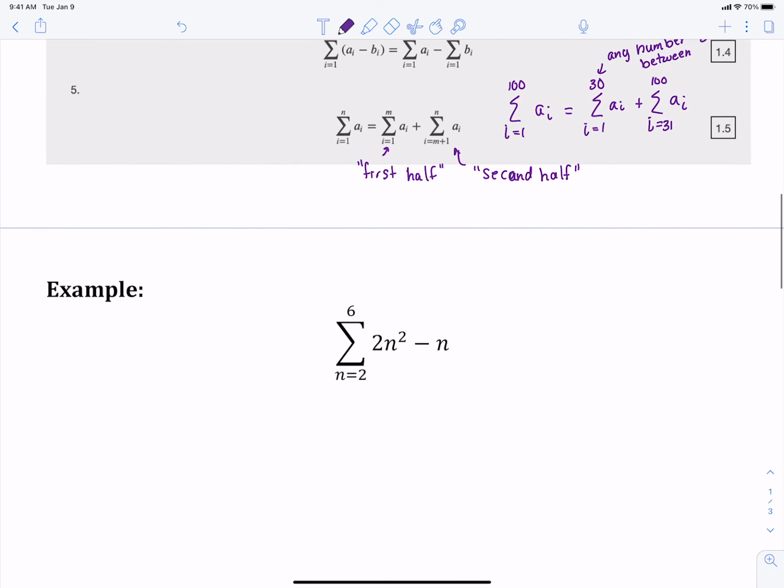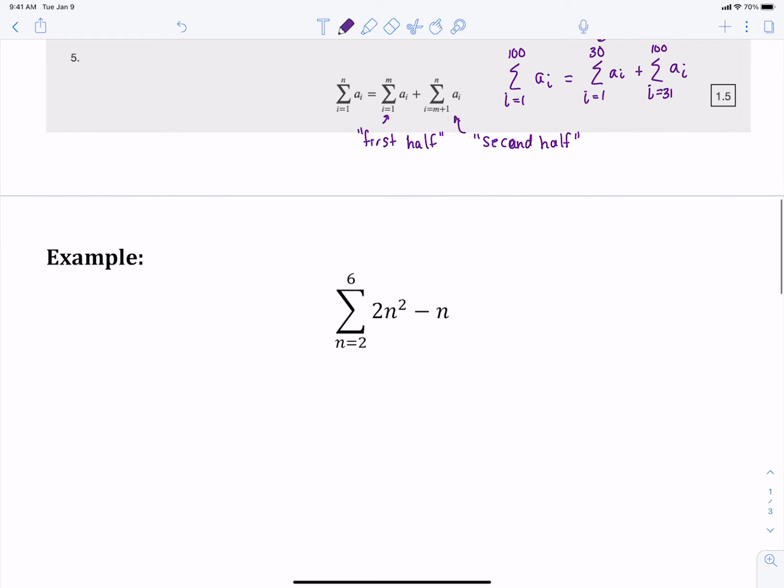So again, I hope that you're noticing that this really is as easy as you think it is, that we're just plugging integers into this expression that they give us. So here they give us 2n squared minus n, and here we're going to start at 2 and end at 6.